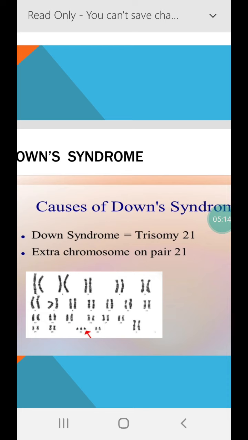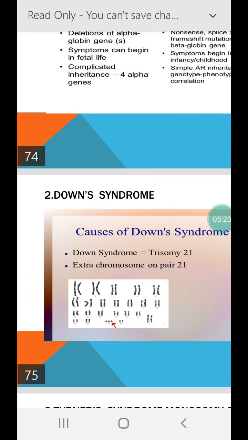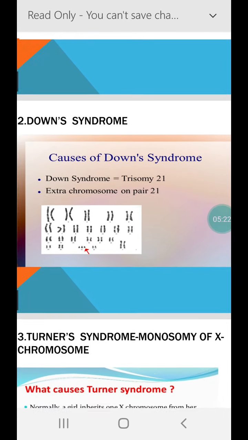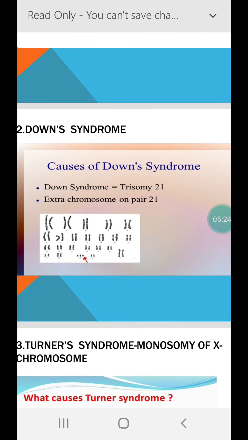So, the appearance of different types of symptoms is called a syndrome. And this disease is caused by aneuploidy, which means addition or deletion of 1 or 2 chromosomes in the diploid chromosome number.